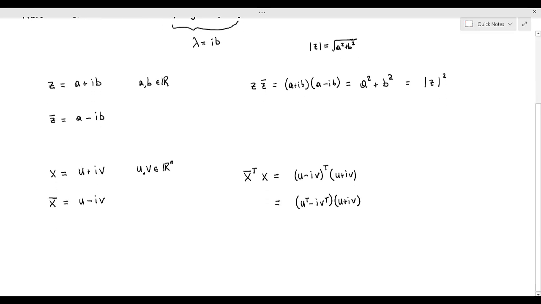And then if I FOIL this out, we'll get u transpose times u plus i u transpose v minus i v transpose u. Those are going to cancel out again. And then we are going to get minus i squared, which will give us plus v transpose v.